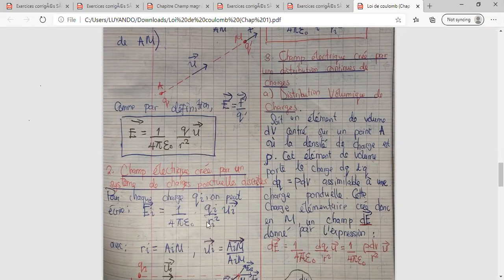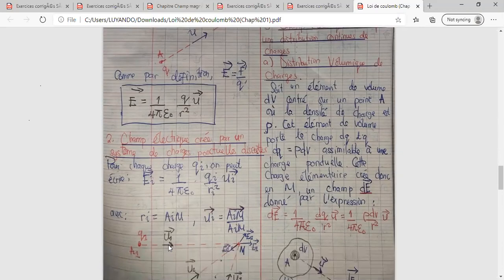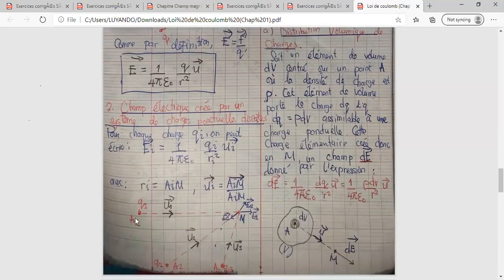So Ei is equal to 1 over 4 pi epsilon 0 times Qi over ri squared and all that. So we have r, which is the distance from this to M, which I've already talked about, the distance between this place and the other point here.